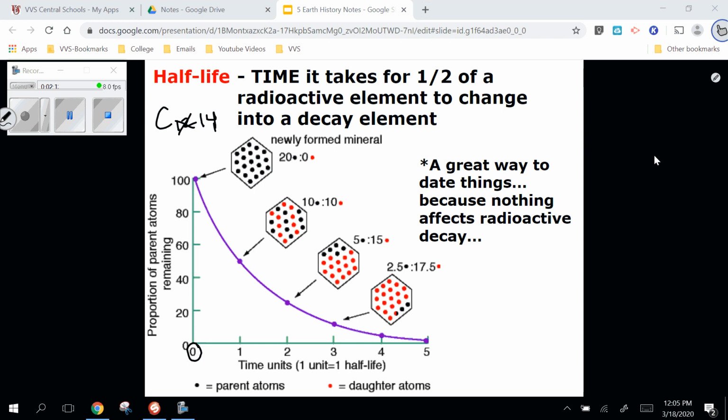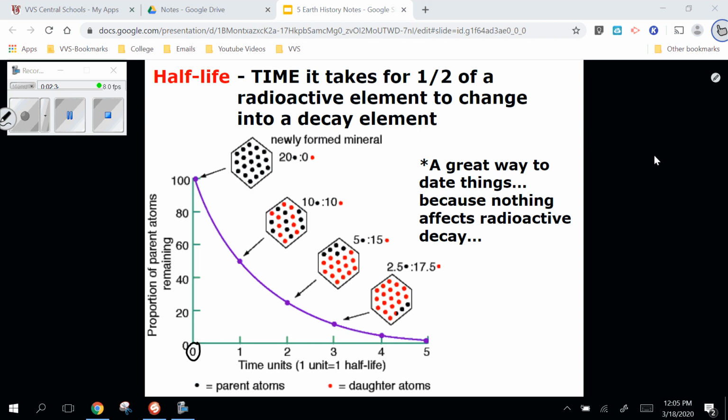And when an organism is alive, it has a certain amount of carbon 14 in it. But as soon as it dies, that carbon 14 starts to decay into something called nitrogen 14. So 0 is essentially when the organism dies.